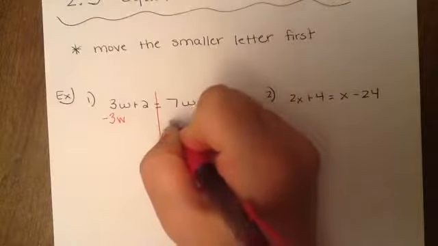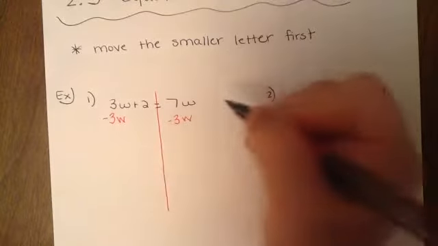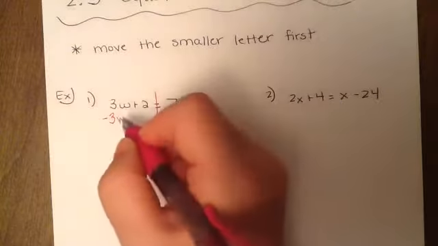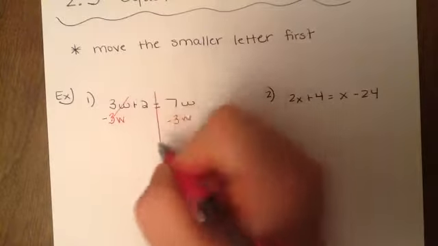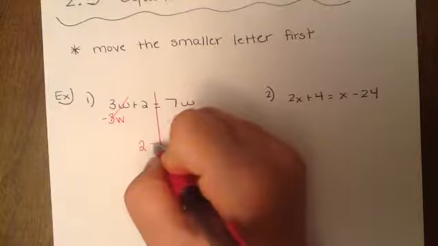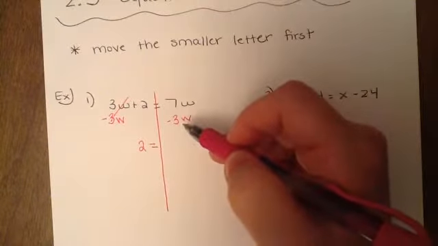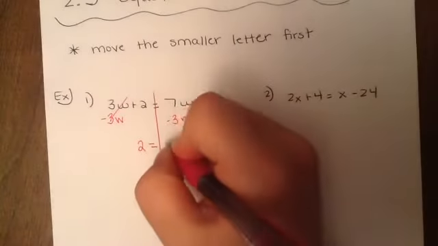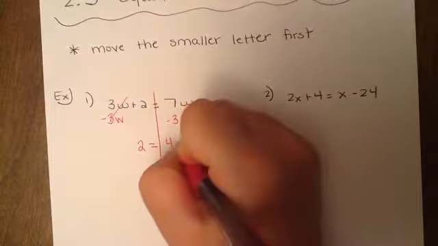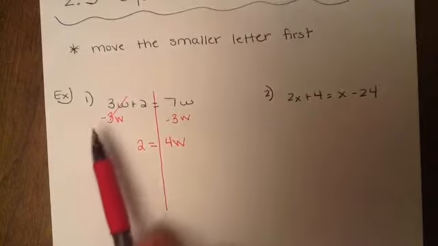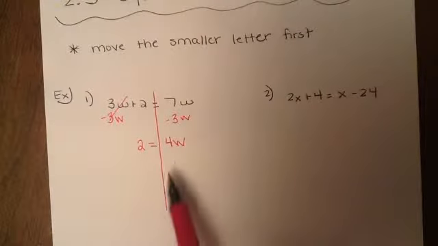Minus 3W. 3W minus 3W cancel. 2 equals 7W's minus 3W's, 4W's. So I move the one variable over so that all the W's are on the same side.